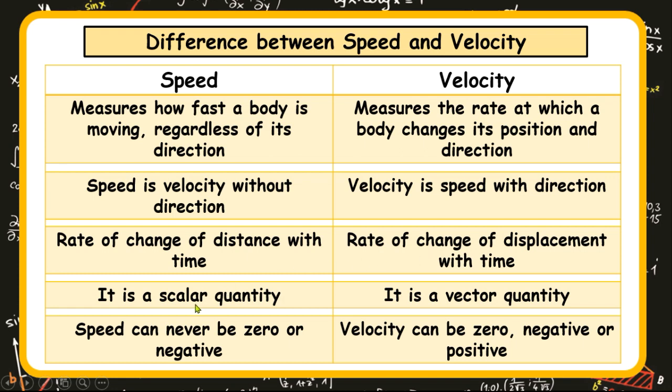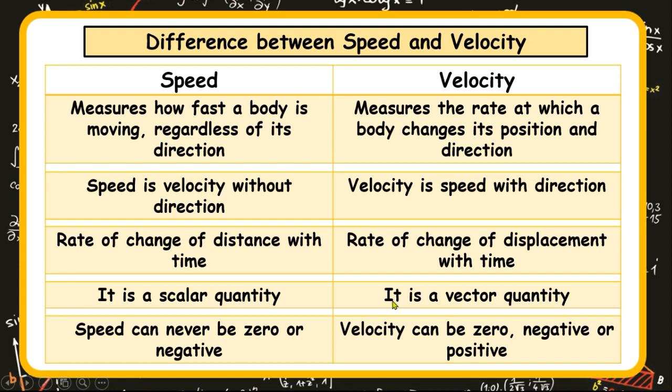The next difference is speed is a scalar quantity, meaning it has a magnitude. It can be given a quantifiable numerical value. You can assign a value to it as, say, 30 meters per second, but it has no direction.